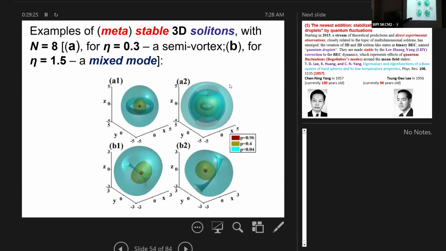This one, it's not very well visible, but you can see some axis. This axis actually represents the vorticity, so this is a vortex component. On the other hand, in the bottom part, these fancy shapes represent a stable soliton, stable against small perturbations of course, of the mixed mode type. It has such a fancy shape just because it's a mixed mode, which mixes different terms with different vorticities and also with 0 vorticity.